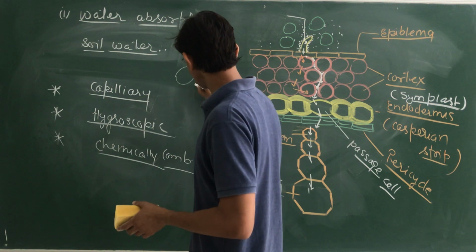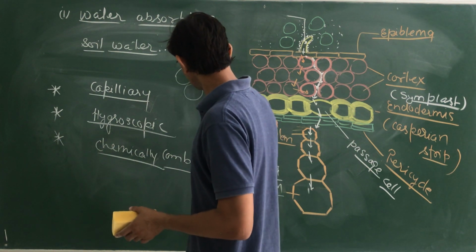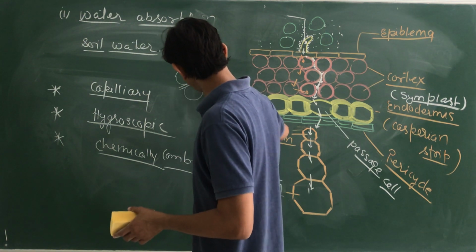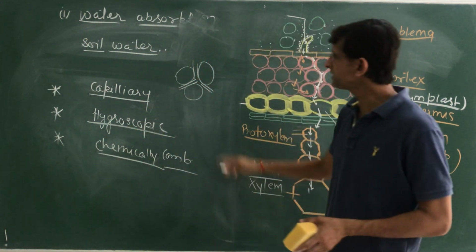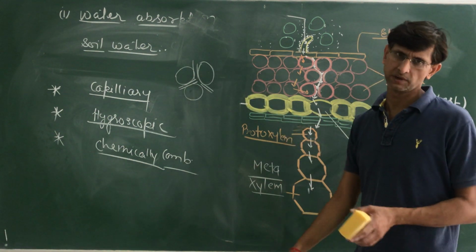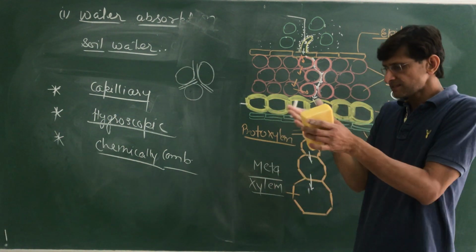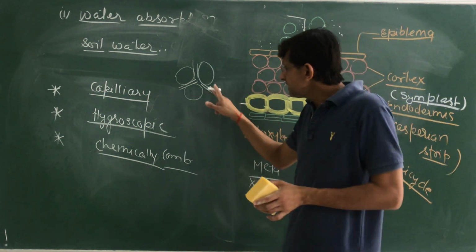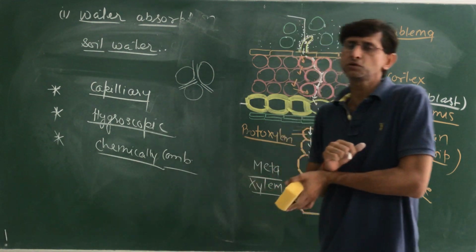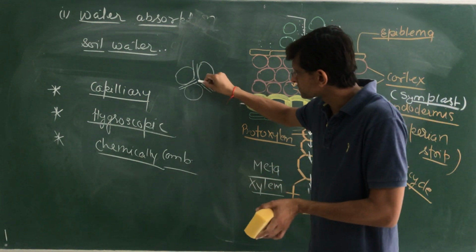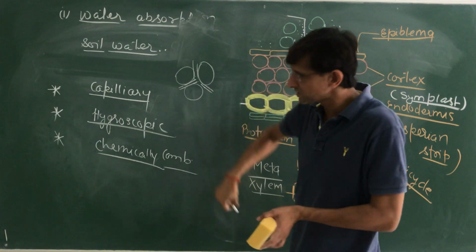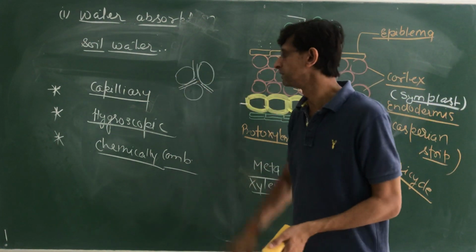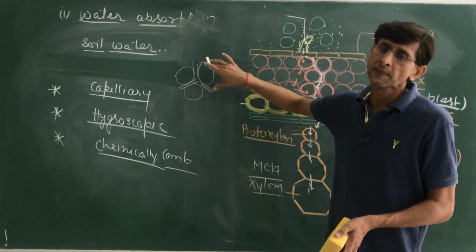If the size of the soil particle is larger, then the water is held between them by capillary force, because capillaries are formed between the soil particles. Due to the presence of capillary force, this water opposes the gravitational pull towards the ground and it can remain in between the soil particles.